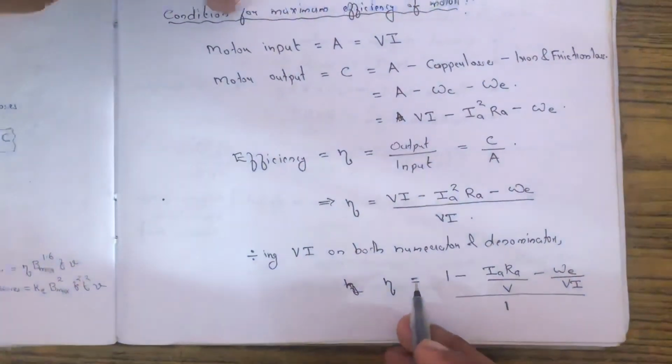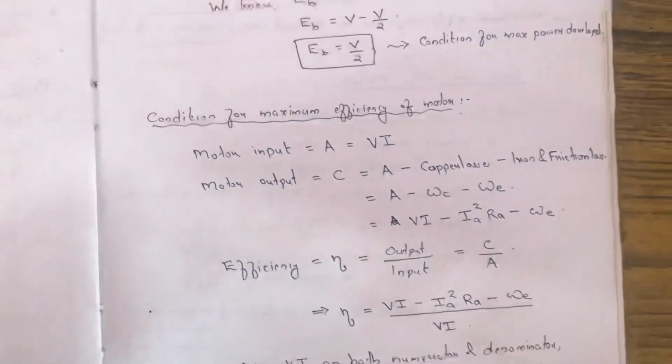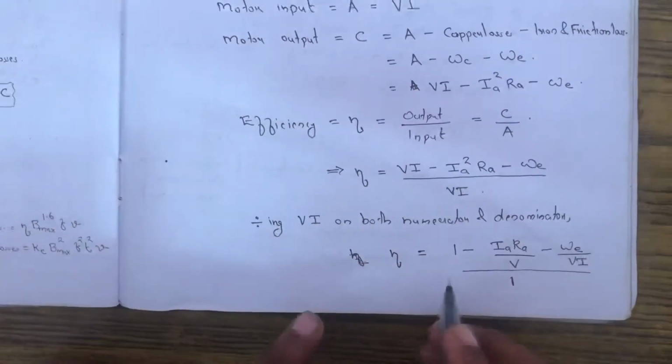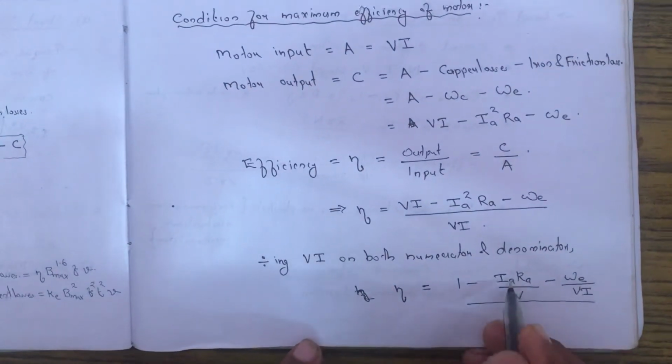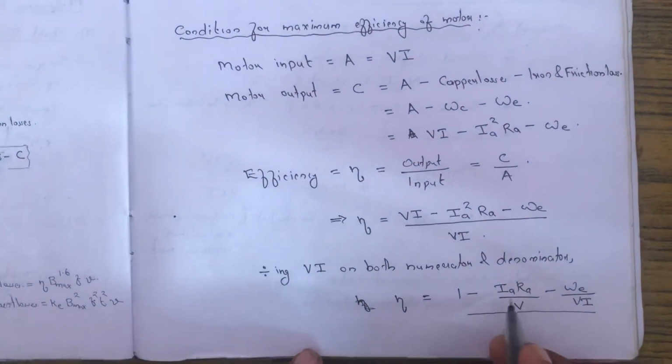Now, to derive the condition for maximum efficiency of this motor, we have to differentiate the efficiency with respect to IA and equate it to 0.